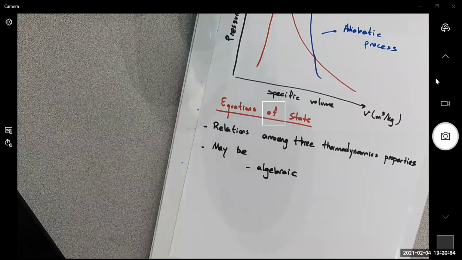But as you can tell, they're not linearly related. They change depending on the region you are in. In a compressed liquid region they behave differently, and in a superheated vapor region they behave differently. It also depends on which one is constant and which one varies, which makes things even more complicated. But you can find them by using algebraic equations. It's possible, but it's quite painful.